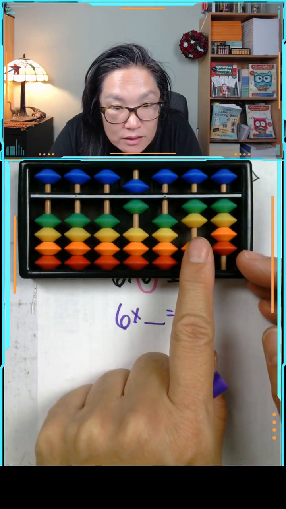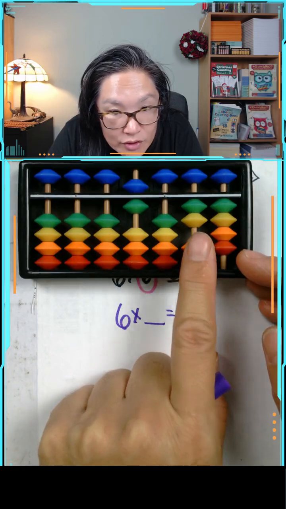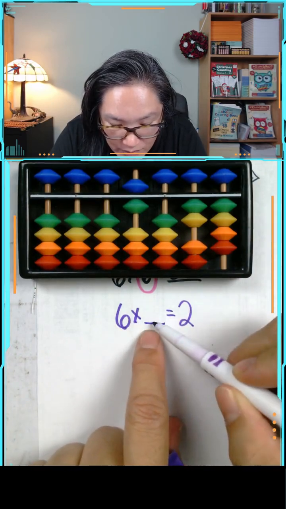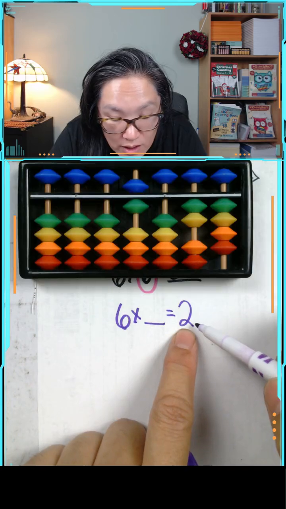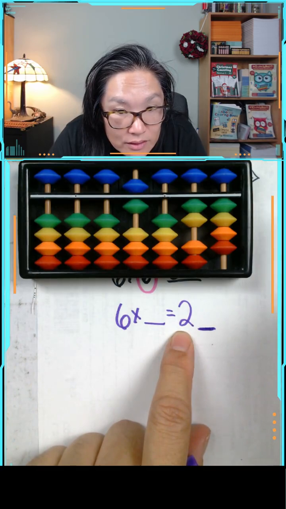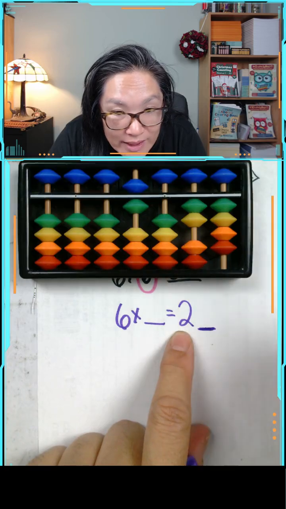Hello, Mason. What are we dividing? 2. Exactly, Wheels. 2. Can we do it? 6 times what is equal to 2? We can't do it. We need to make it a double digit. How do I make it a double digit? What number do we bring down?